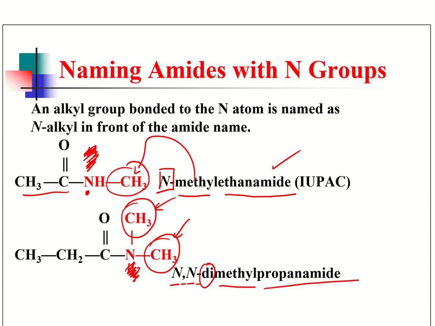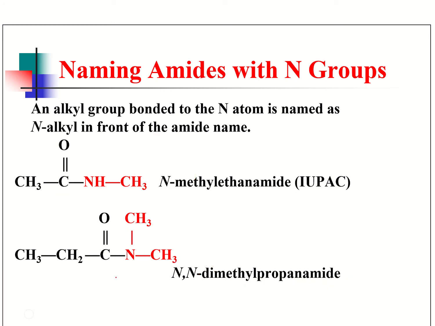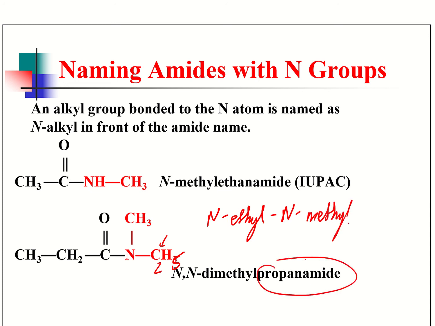So if I was to change that to a C2H5, could you maybe have a go at naming that? That would be N-ethyl, alphabetically it comes first, then N-methyl, as there's a methyl group on the N as well, and then it would be just propanamide after that.